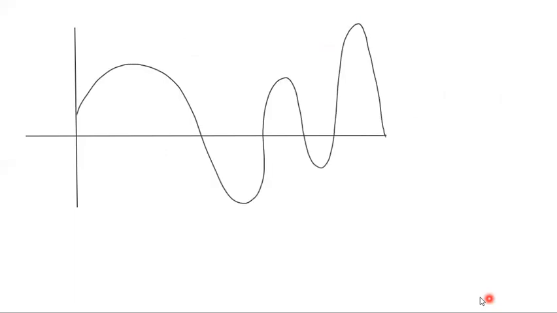So just quickly then, let's say I've got this function, and assume this is to scale. This is 0, a, b, c, d, e. What can you tell me about the integral from 0 to a of f of x dx?